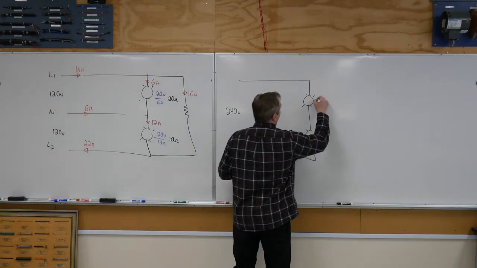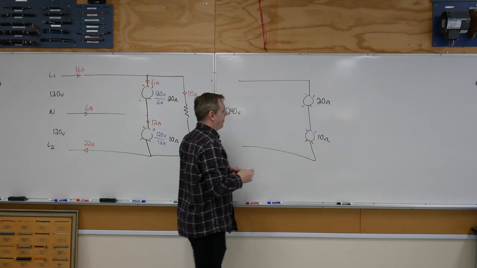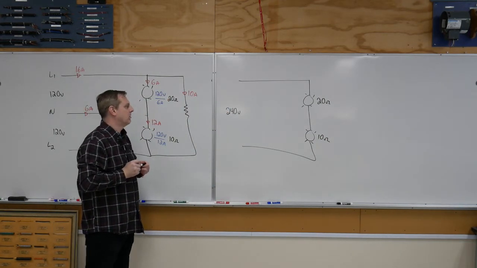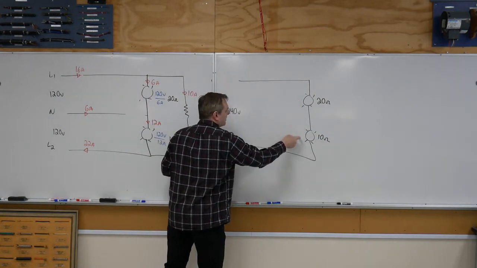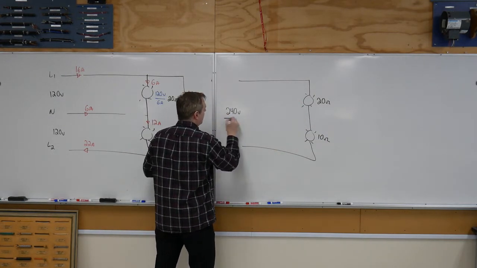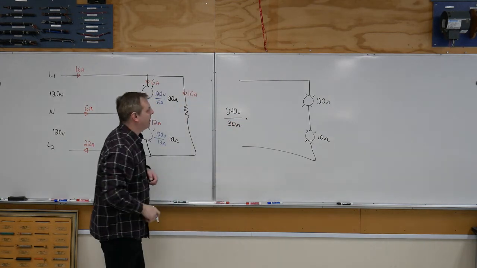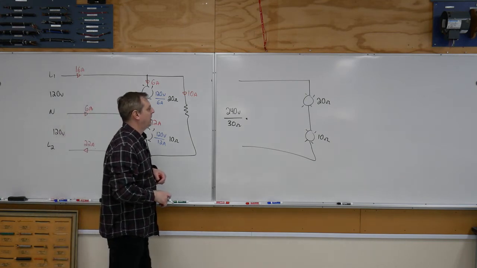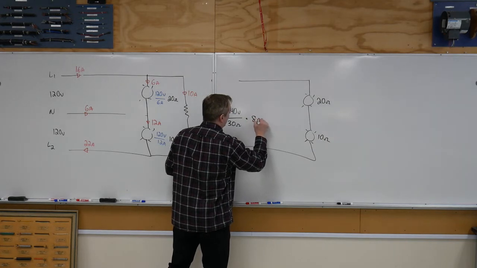So I've got 20 ohms here and 10 ohms there. Those are series connected to the 240 volt source. If I divide the 240 volts by that R total, which is the 20 plus the 10, giving me 30, I can get my new circuit current for that portion. 240 divided by 30 comes up with 8 amps.